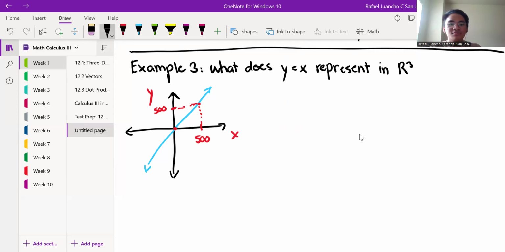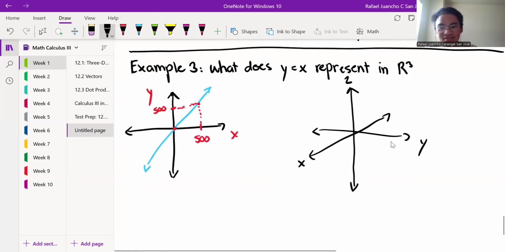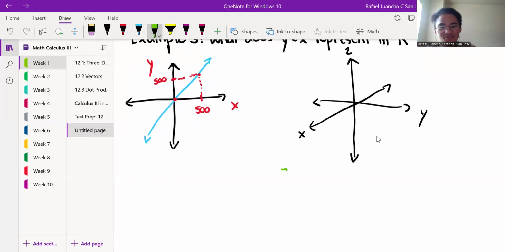But now we want to make it 3D. First of all, we sketch. So we do our z, our x, and our y. Now what is y equals x here? If you look at this, it doesn't say what z is. So we can note here, z has no restrictions.